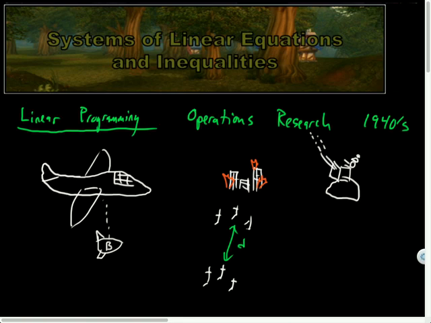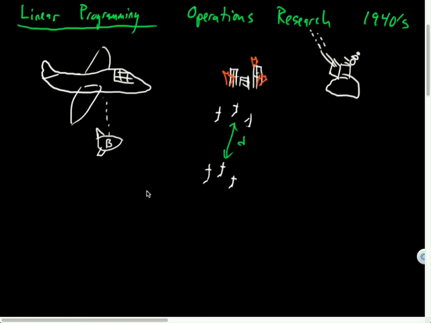All right, other similar situations that they ended up using operations research to help win the war. They had ocean naval combat, and there would be boats, and some of these boats would just be little supply boats.